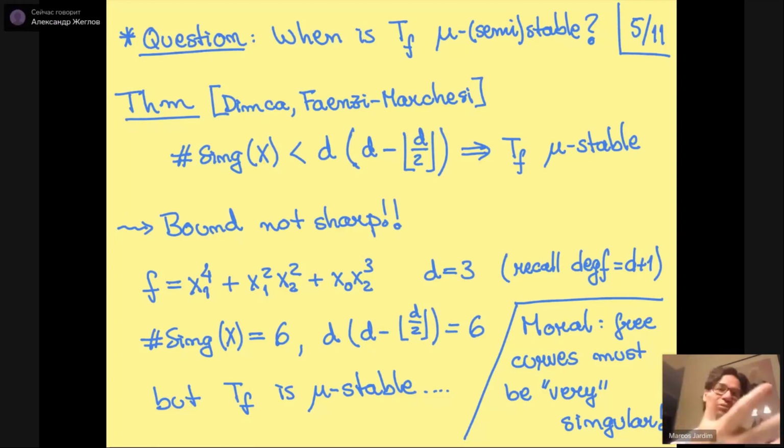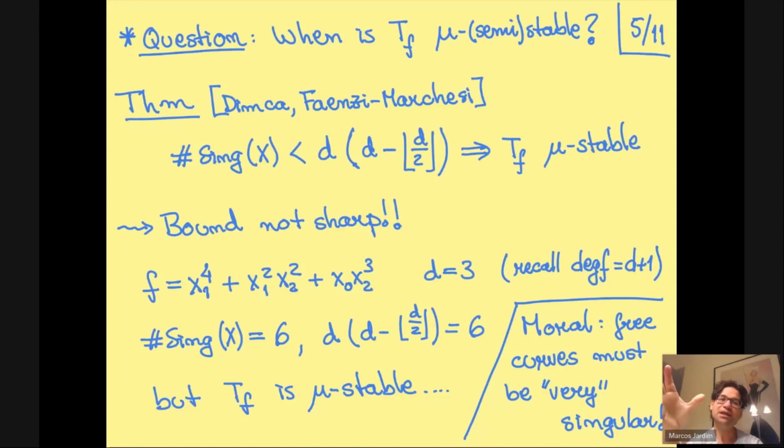If the number of singularities is small relative to the degree in this sense, then the log sheaf is mu stable. And what is important in the result? The Gorenstein property of singularities or not? No. This is about stability. So really, it's looking at the degree of all possible line subbundles.